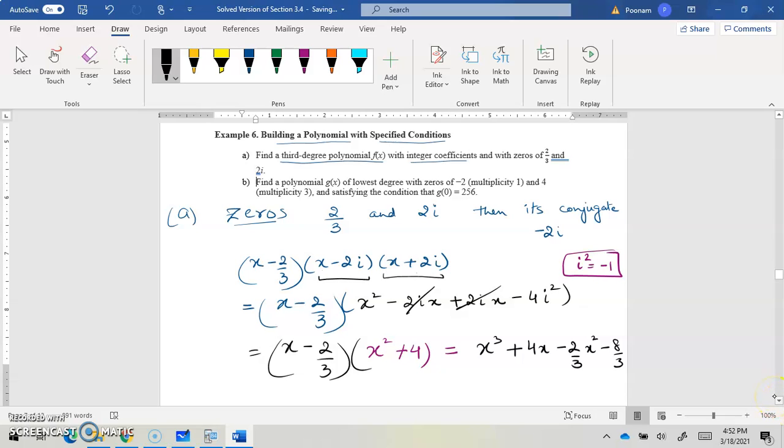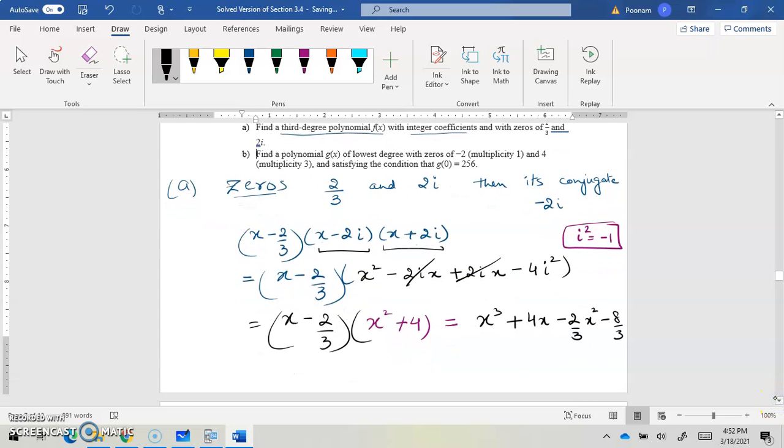Now let's read one more time. The function had to be a third degree polynomial with integer coefficients. So you see here, this does not have integer coefficients. So I can write this as 3x cube plus 12x minus 2x square minus 8 by taking the denominator.